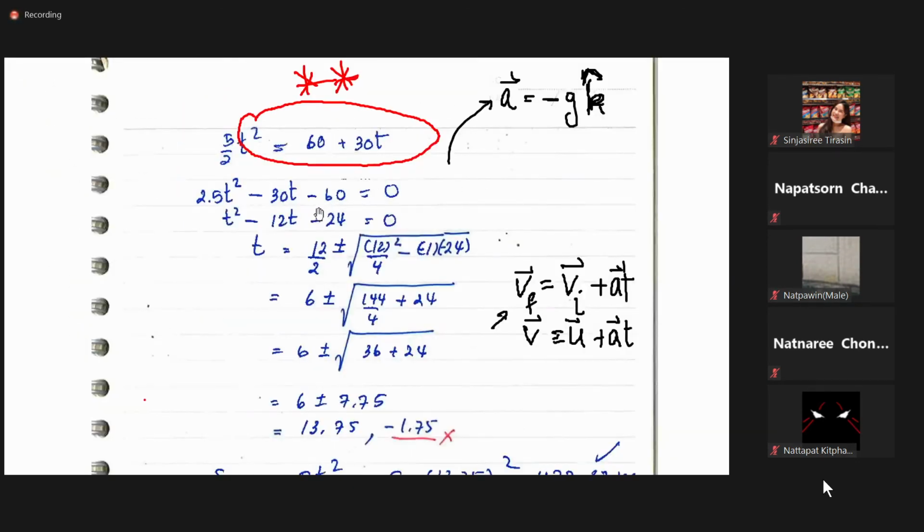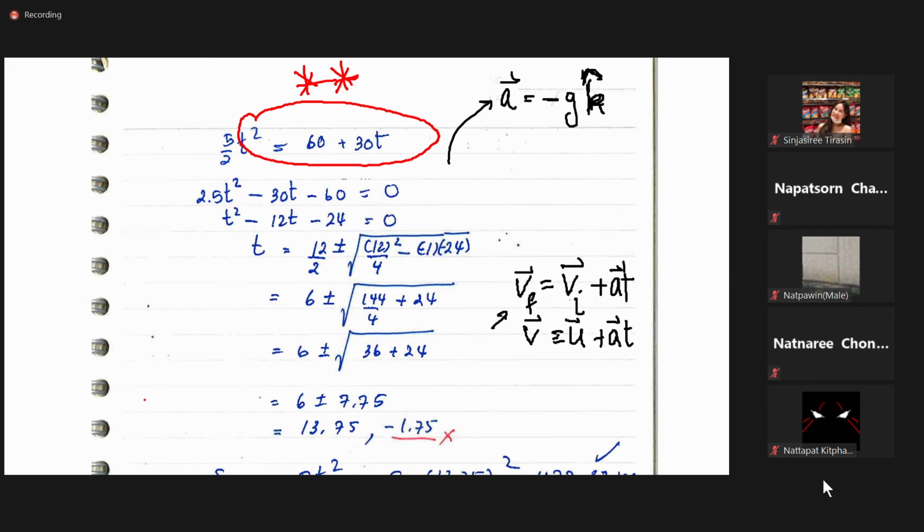So when we work this, we end up at t squared minus 12t minus 24 equal to 0.